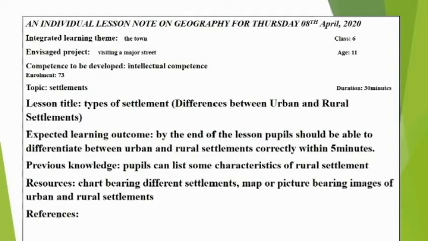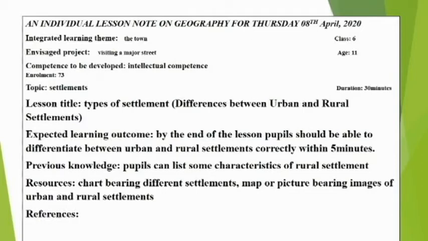Now, given a lesson title, types of settlement, in the case of primary school, we want to prepare a lesson in geography titled types of settlement. In this case, we have our integrated learning theme. We'll take, for example, that we're in a particular month, and in that month, the integrated learning theme is the town.